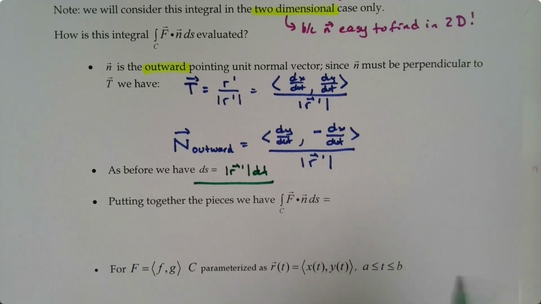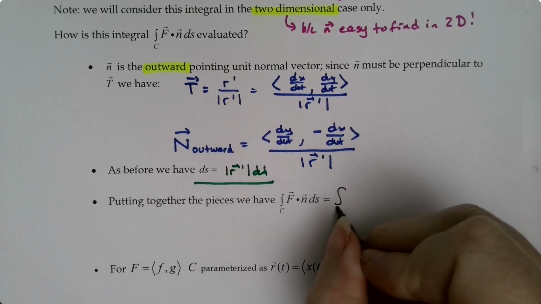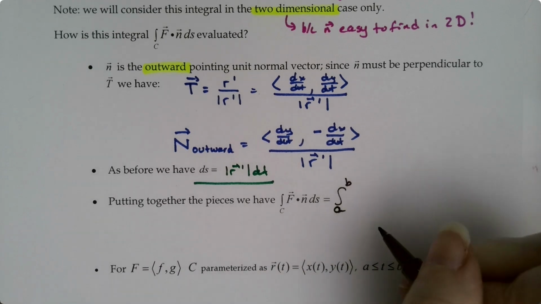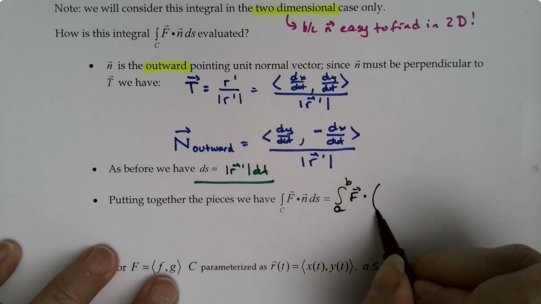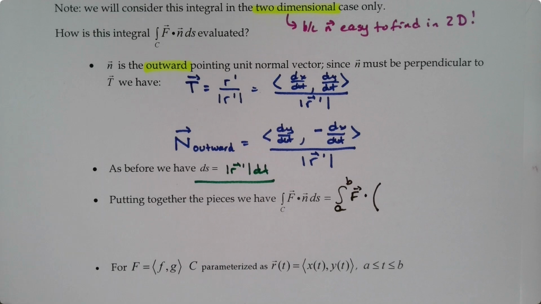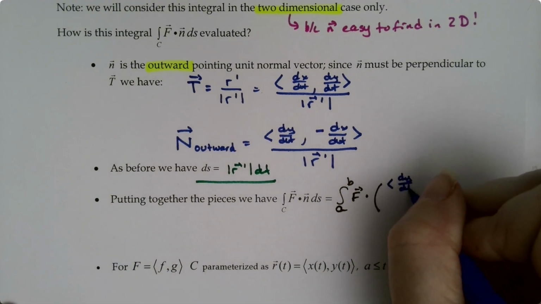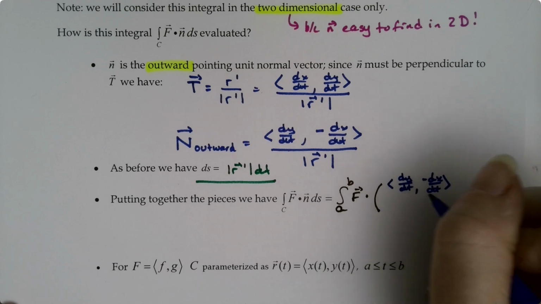And so putting this together, if I want the line integral of f dot n ds, then what I really want is the line integral over the curve, I'll just say from a to b. And then f, and then for n, we would have this piece: dy/dt, negative dx/dt, over the magnitude of r prime.